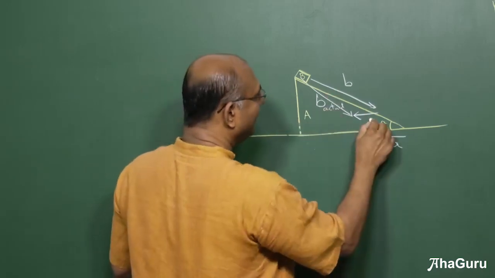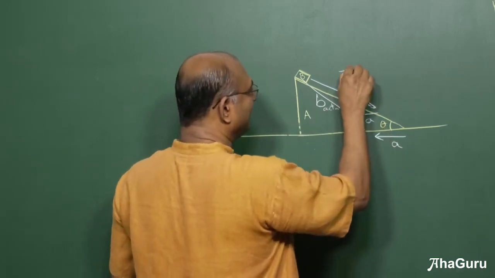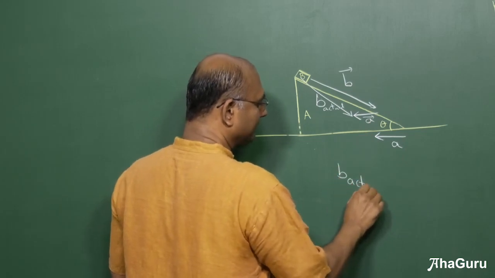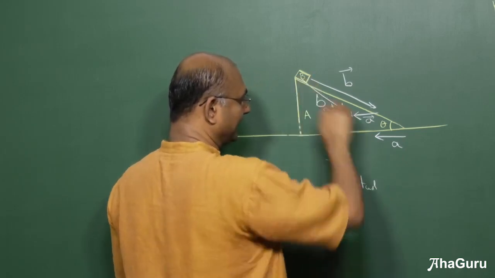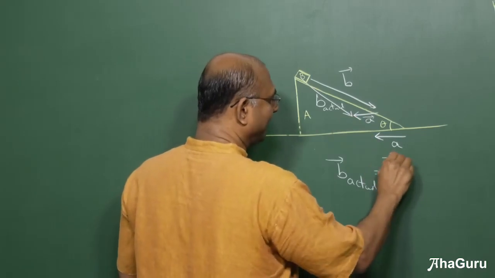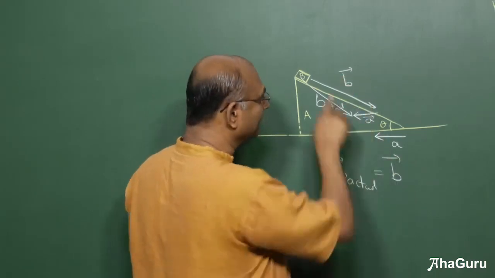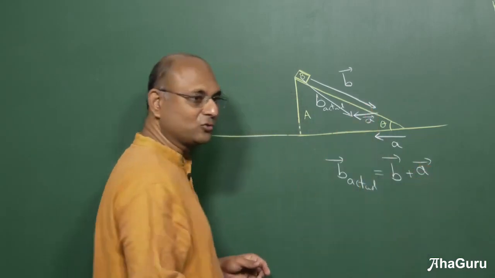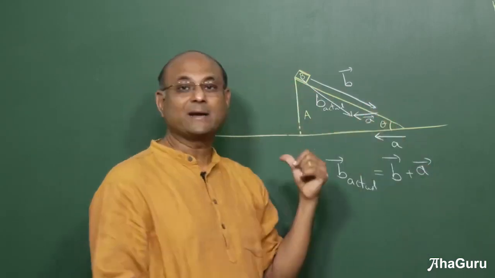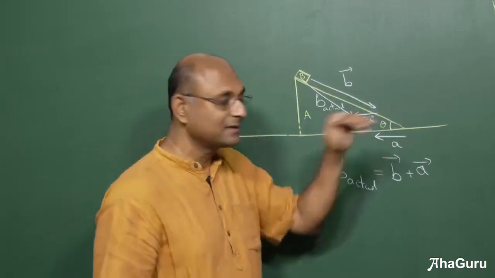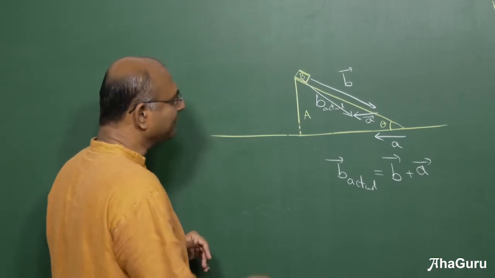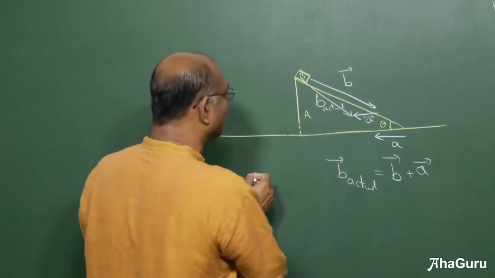So B and A. If I use vector notation, I can say B actual vector is B vector on the plane plus A vector. Of course, we don't want to use vectors to do this. A is the motion of this incline, right? How do I draw this and figure this out geometrically? So that is the real question.